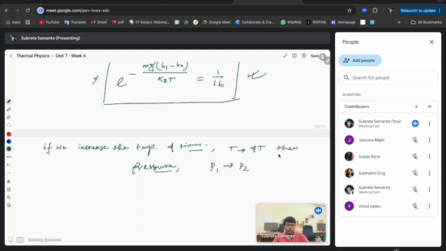We know at that height h1 the pressure is P1, but now P1 changes to P2 when the temperature T changes to 4T.